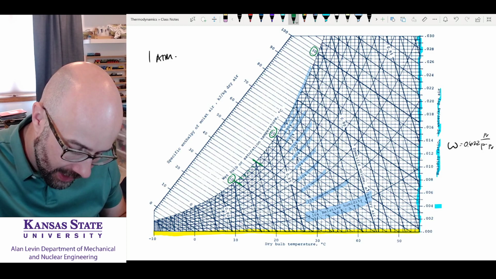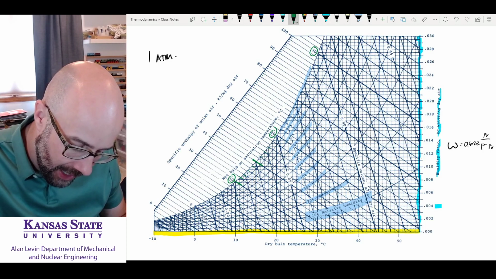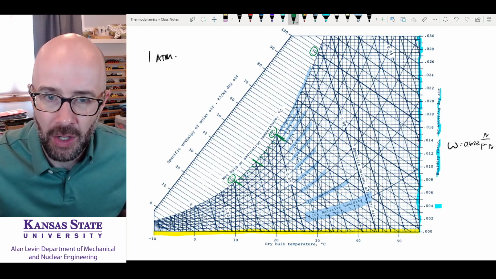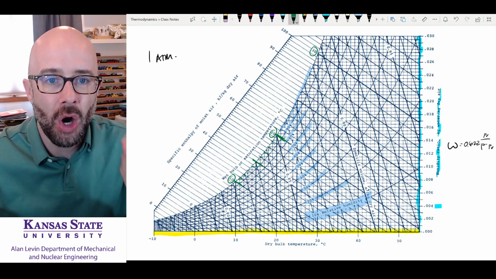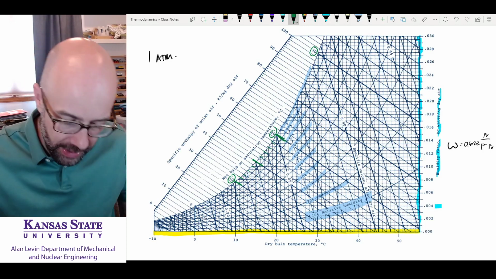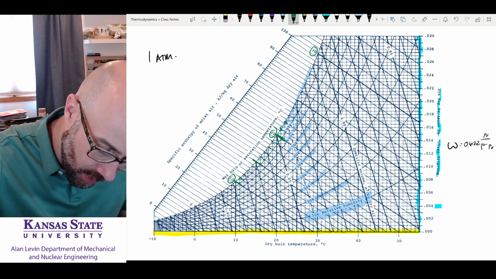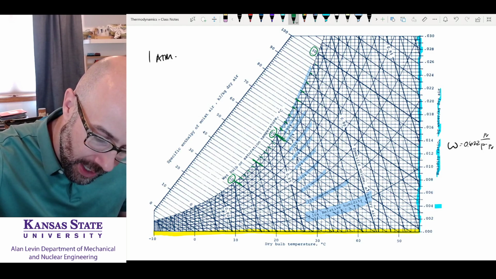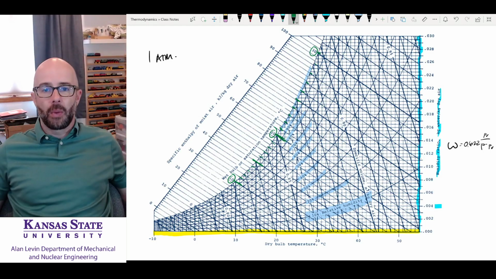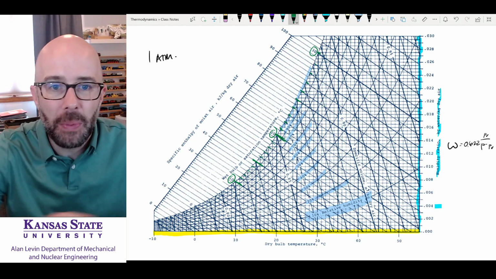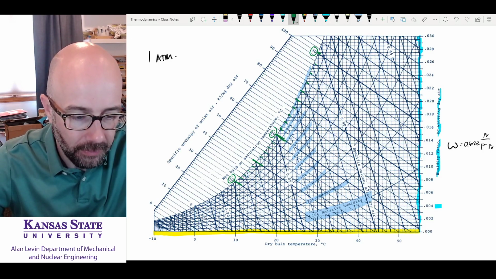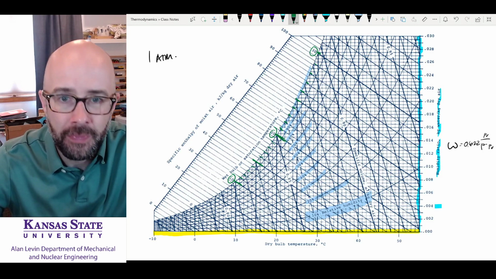A darker line is 15, 16, 17, 18, 19, 20. They're on a diagonal. It's important that you understand they're on that diagonal. They start on that saturation line and go all the way down. So you can see here 21, 22, 23, 24, 25, 26, 27, 28, 29, and 30, all the way up there, and then go down to 0. So all the way along that is our saturation temperature, our wet bulb temperature.